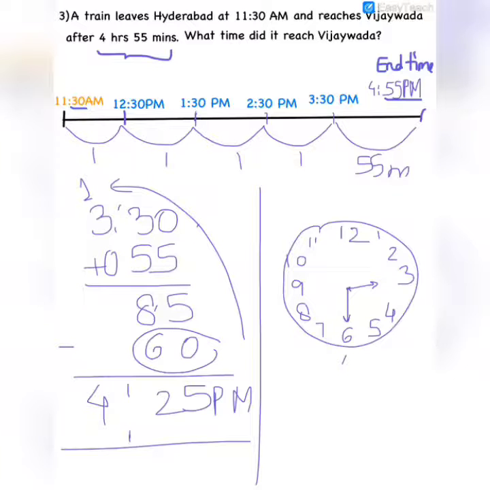Now after covering 55 minutes, 5, 10, 15 minutes, 20, 25, 30, 35, 40, 45, 50 and 55, it will reach 5. On reaching 5, what does the minute hand tell? It tells 25. So the answer will be 4:25.